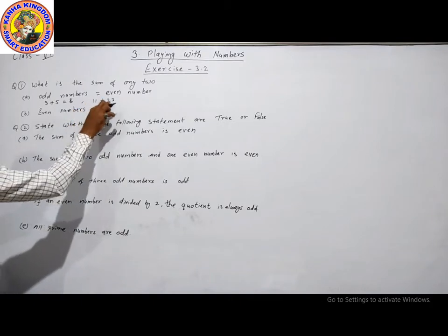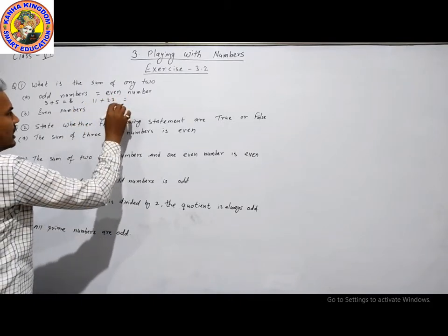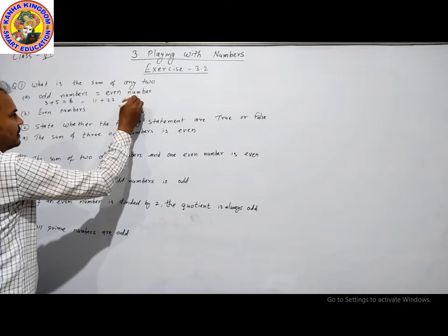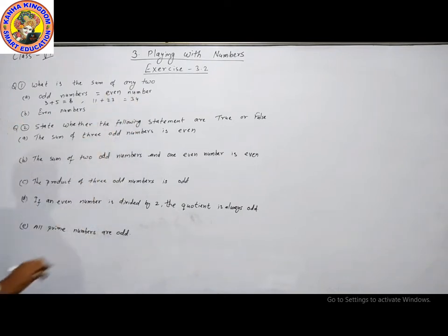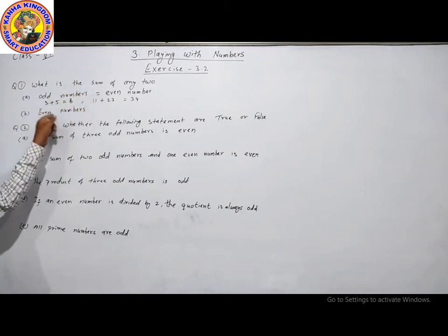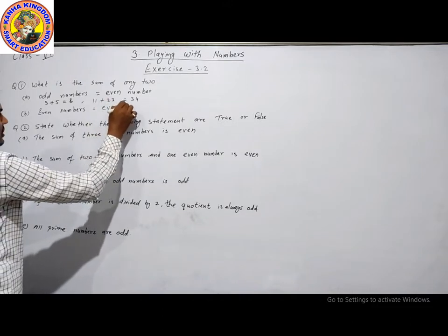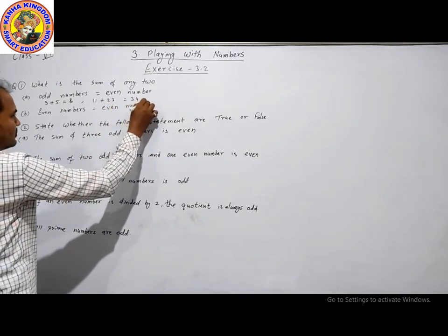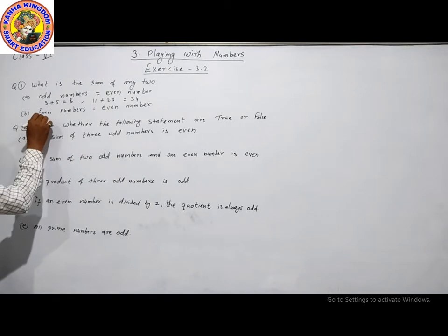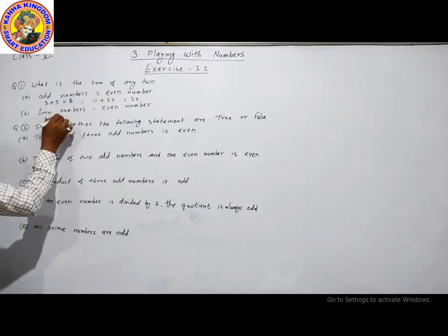Next example, 11 plus 23. 11 is odd, 23 is odd. The answer is 34. 34 is an even number. If we add two even numbers, the solution is an even number. 2 plus 4. 2 is even, 4 is even.